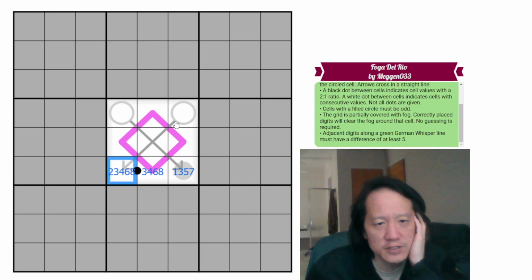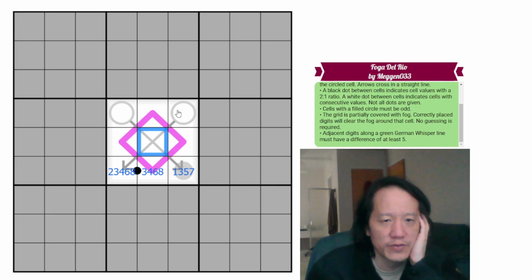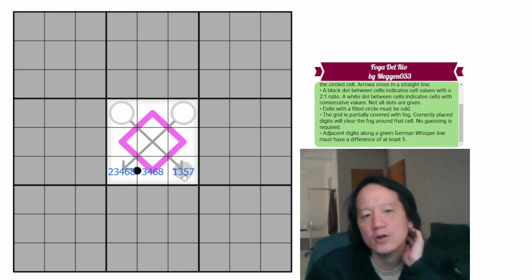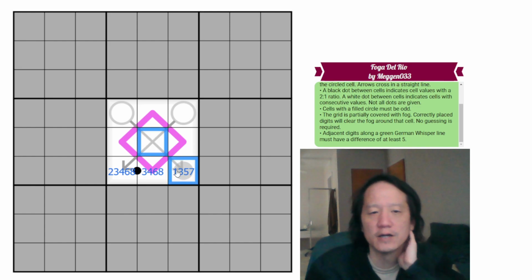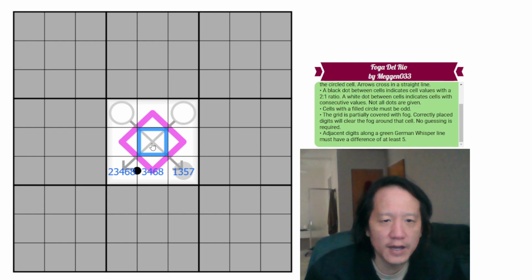This would be 6. This would have to be 7. But we already have a 3 and a 5 then on this Renban, which eliminates 5 and 7 there. And if that's a 1, this would have to be 7 because this is 6, and that would eliminate 1 or 7 there. So this cell would not have any possibilities because 9 cannot be on here, because 9 can never be in a normal Sudoku with arrows that are 2 in length. 9 can never be on an arrow, right?